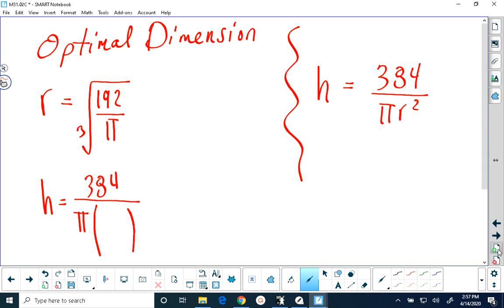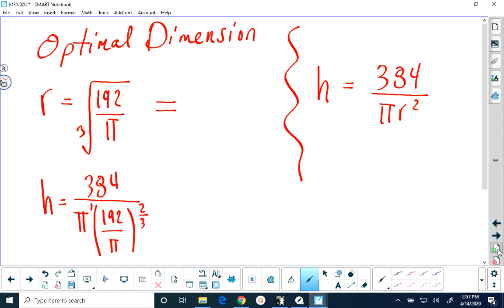Well, the radius is 192 over pi to the 1/3, so if I square that, it's 192 over pi to the 2/3. I'm not a big fan here in this particular case of simplifying that height. You could certainly start whittling that down to something simpler.